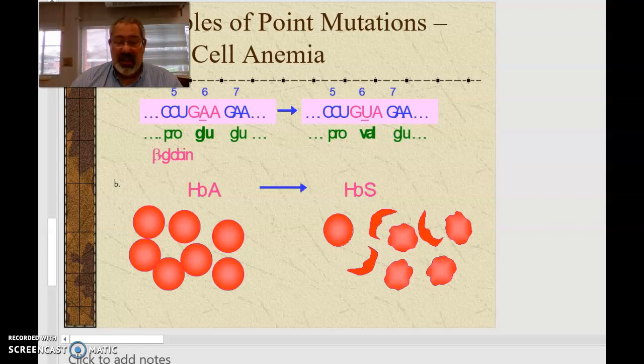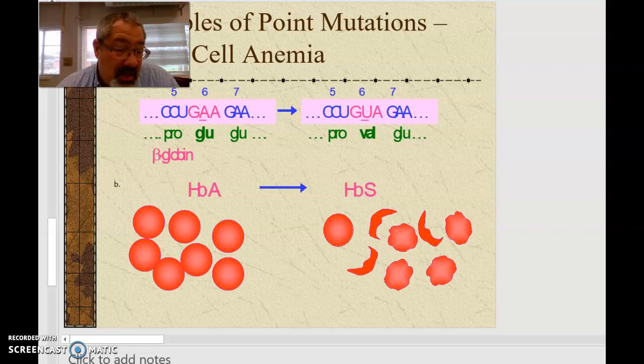So this particular slide talks about sickle cell anemia, where there is a point mutation where the amino acid glutamate is substituted with the amino acid valine in codon number 6. You notice the base adenine is substituted with the base uracil, and a different amino acid is inserted.